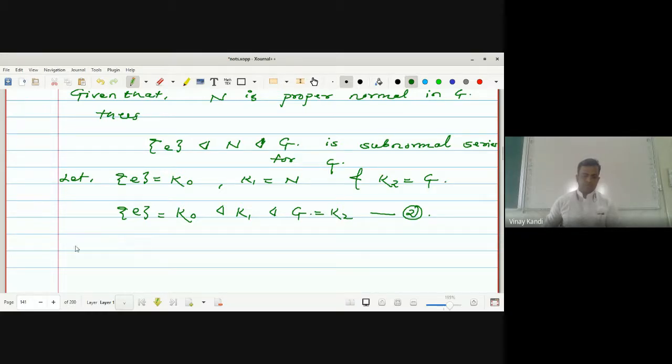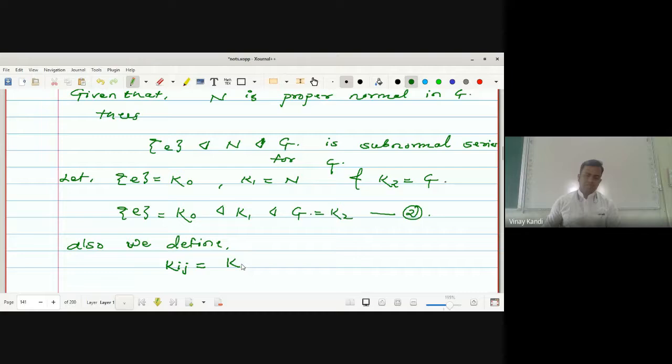Now, also we have to define here Kij. What is Kij?